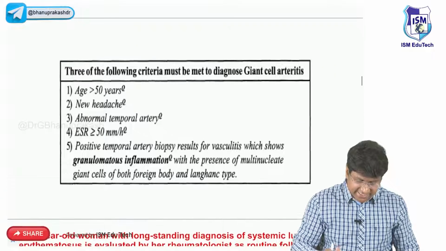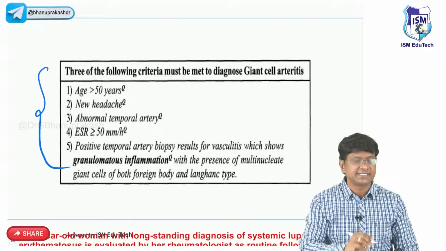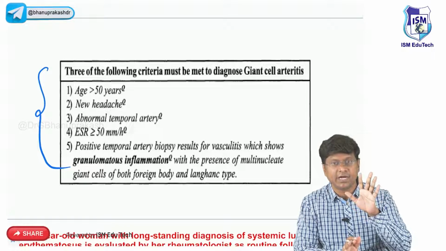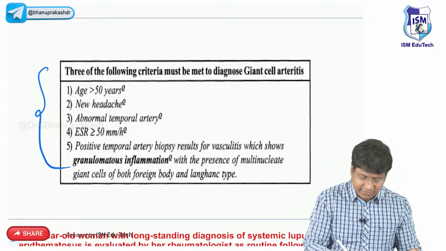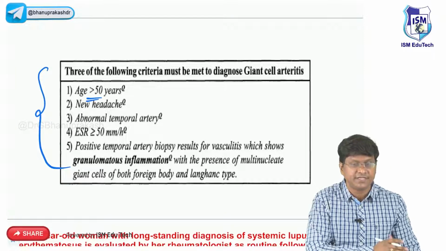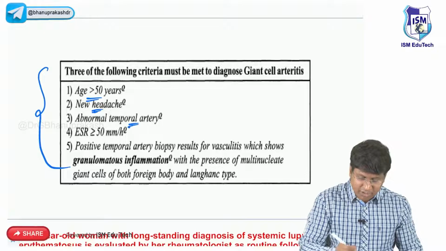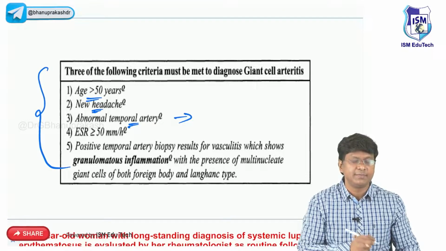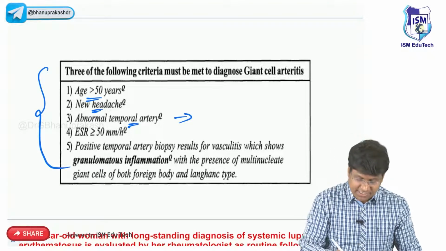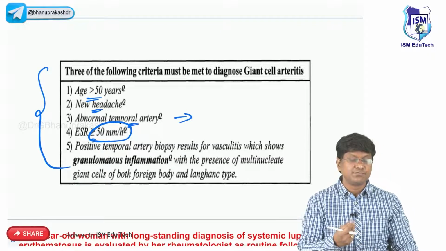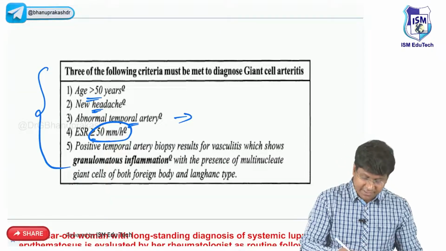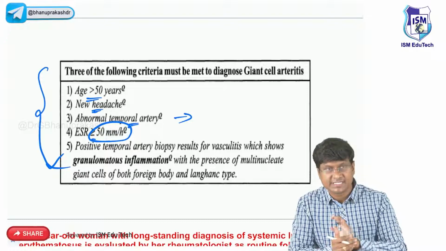In case of giant cell arteritis, you should remember these criteria. Totally 5 criteria are there. Out of these, 3 should be there. Number 1, age of the patient should be more than 50 years. There should be a new onset headache and abnormal temporal artery. That means the temporal artery may be containing granulomatous inflammation. The ESR is elevated, that is more than 50 millimeters per hour, and the biopsy of the vessel is very important.